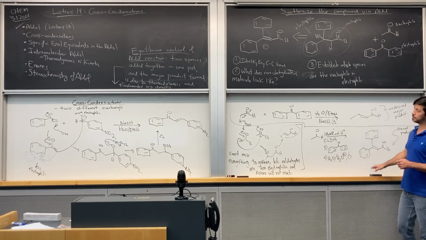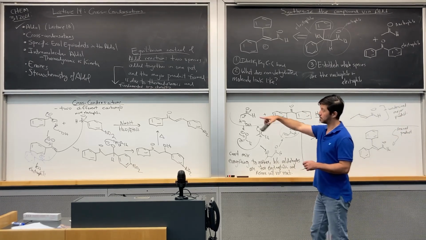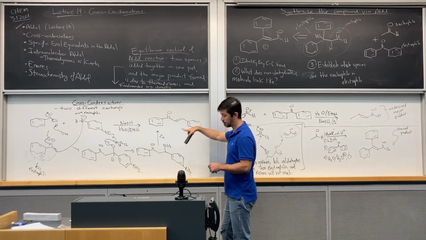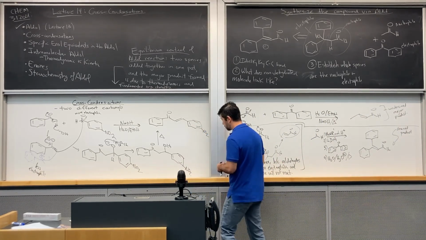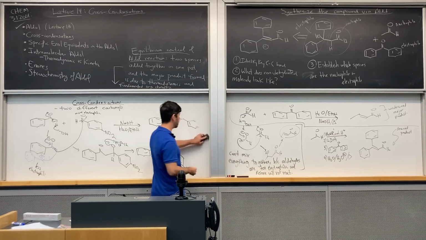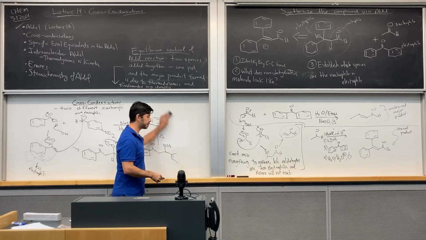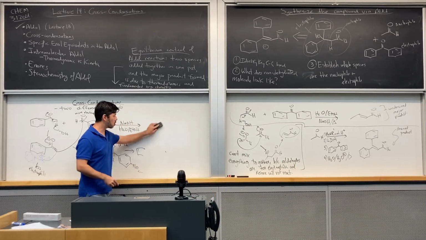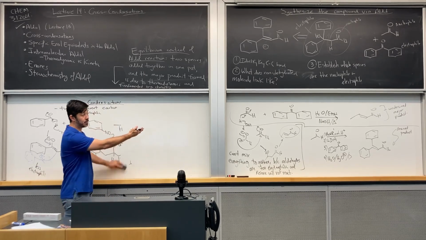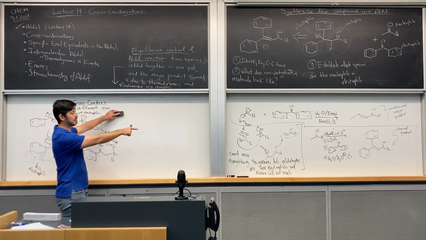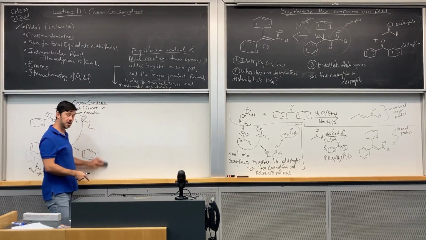So, the first time we looked at this, it was called equilibrium control of the aldol reaction. This one is called directed control of the aldol reaction. And I'll write a couple words about what that means. What we've done right there is an example of directed control of the aldol reaction.